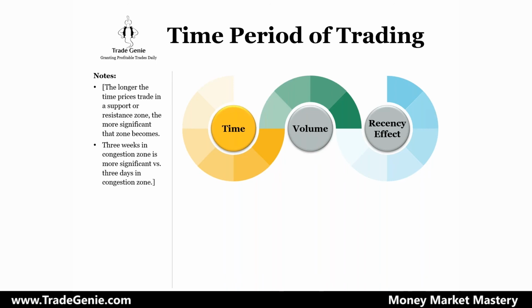So the more you automate, the more checklists you create, the more rules you have written down, the more accurate and more profitable your trading is. So if you have a system of writing it down, then how many times a support is tested or how many times a resistance is tested. When I'm evaluating support and resistance, I better find out and write it down: 2 times, 3 times.